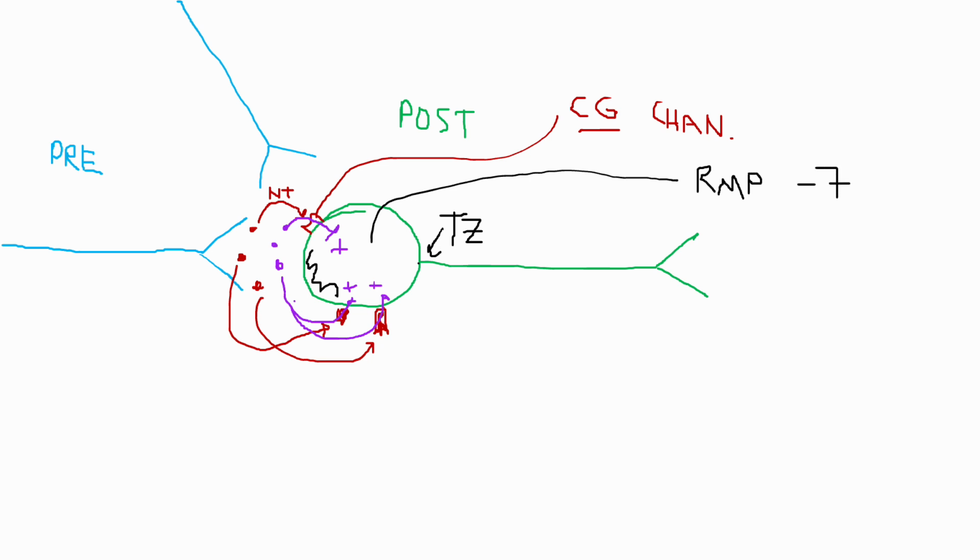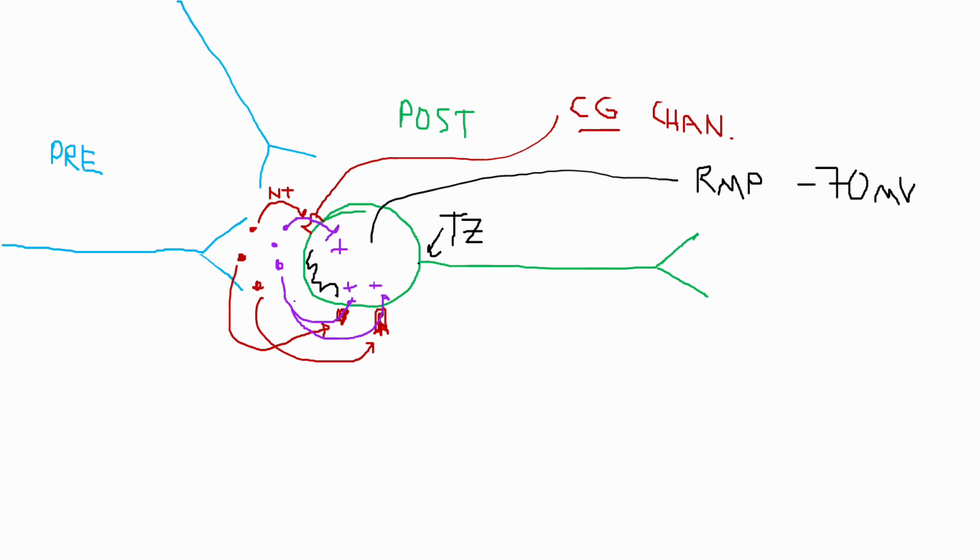And we talked about how we arrived at this negative 70 millivolts in the previous class, looking at the contributions of sodium and potassium. Okay. So our resting membrane potential is negative 70 millivolts. Well, with this incoming positive charge, we start to depolarize a little bit with these graded potentials.